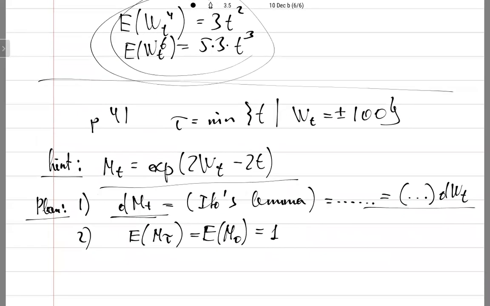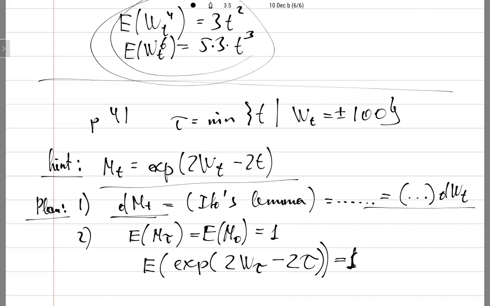So it's the expected value of the exponent of 2W_tau minus 2 tau, which is 1.